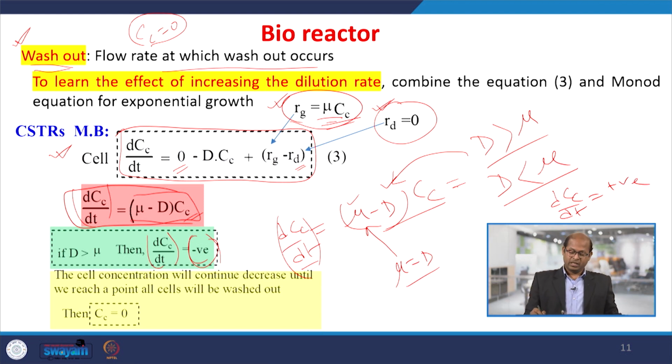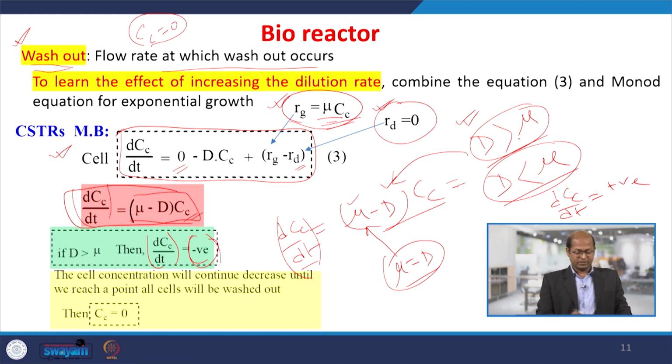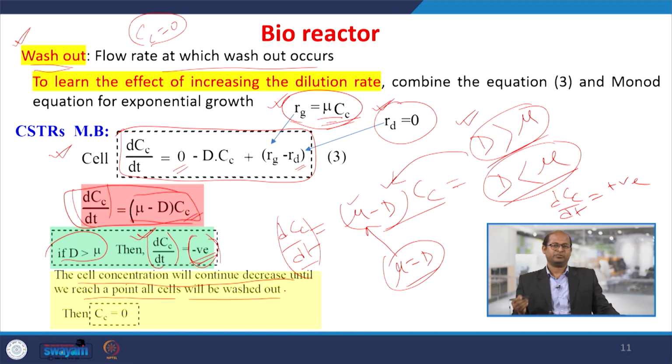So, by controlling D, either mu equals D, D greater than mu, or D less than mu, we get different behavior. If D is greater than mu, dCc by dt would be negative, meaning the cell concentration will continue to decrease until all cells are washed out from the reactor, and the cell concentration will be 0.